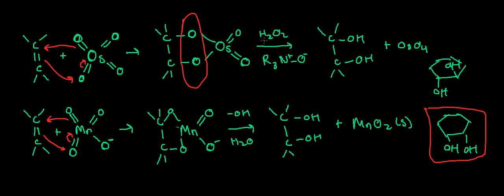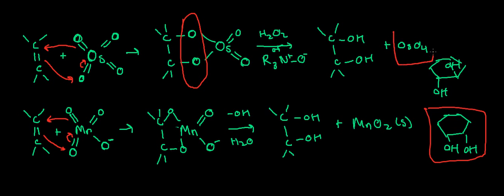And then in this step we use hydrogen peroxide or some amine oxide, R3N-O. These are carbons, nitrogen, oxygen. And this will add water across the bond. And then for the osmium, it's regenerated.